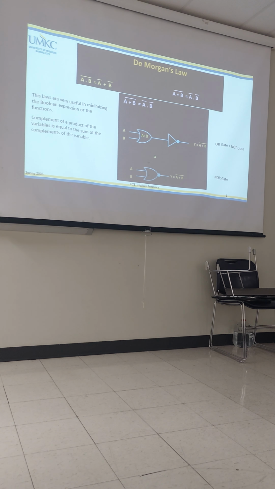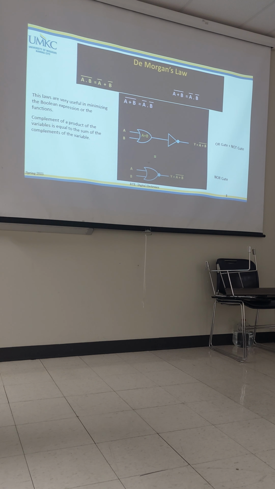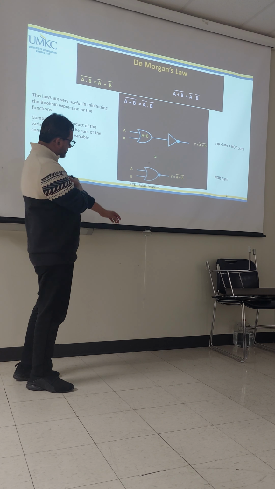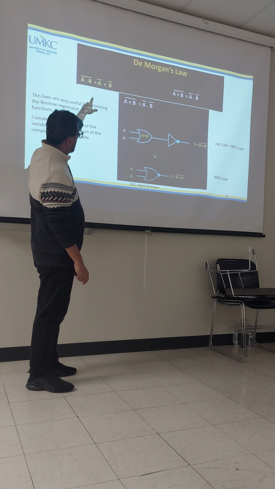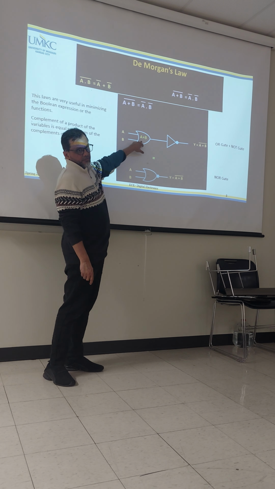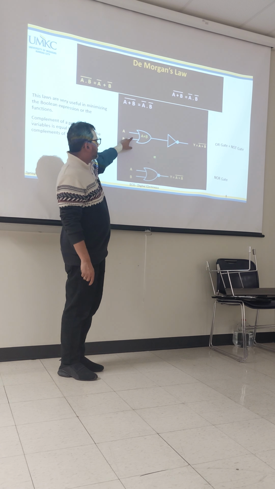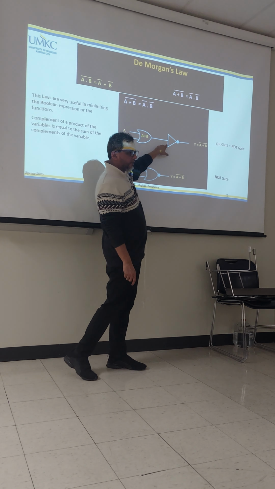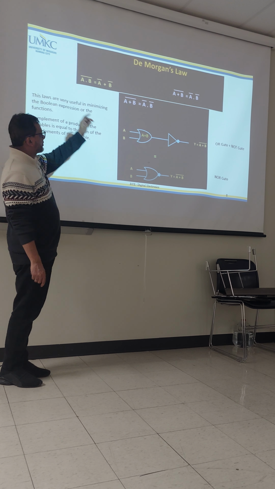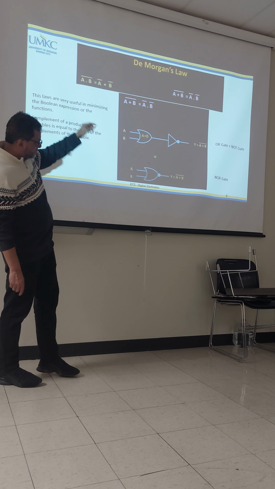So if we need A bar plus B bar, what is this one? A plus B for the OR gate. Then the output of this OR gate will pass through the NOT gate. It will give you A plus B whole bar.